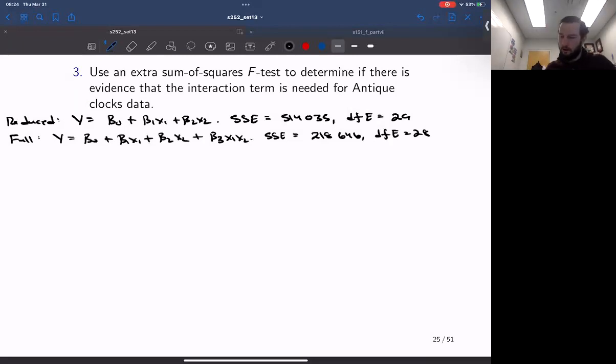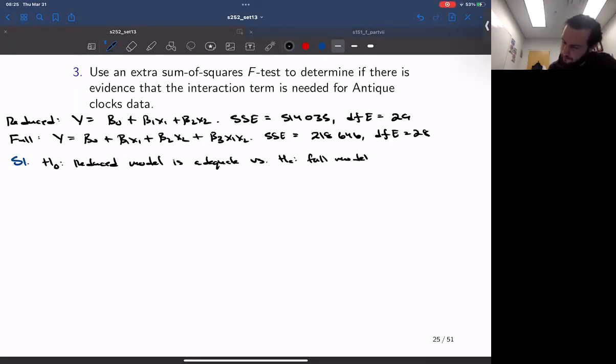On step 1, we have H naught: the reduced model is adequate, versus HA: the full model is required.